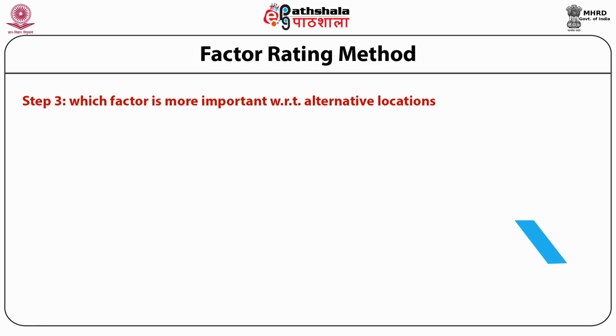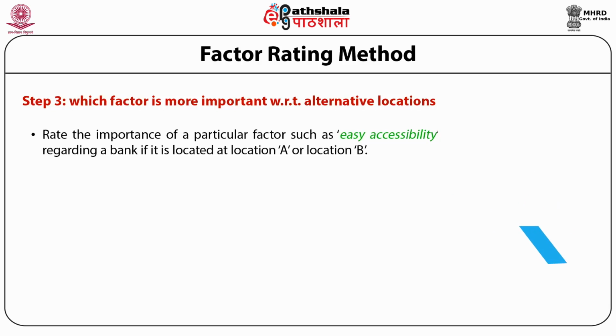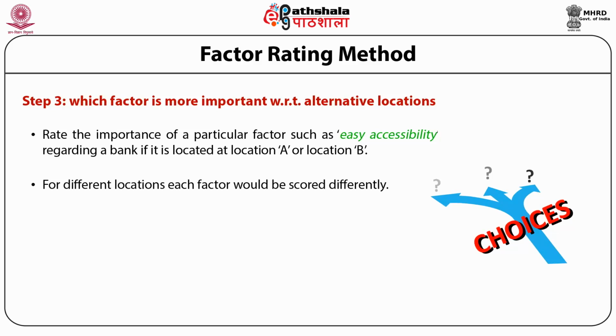Step 3. In this step, consumers are asked to rate the importance of identified factors with respect to alternative locations. For instance, an individual might be asked to rate the importance of a particular factor, such as easy accessibility, regarding a bank if it is located at location A or location B. Most likely, for different locations, each factor would be scored differently.